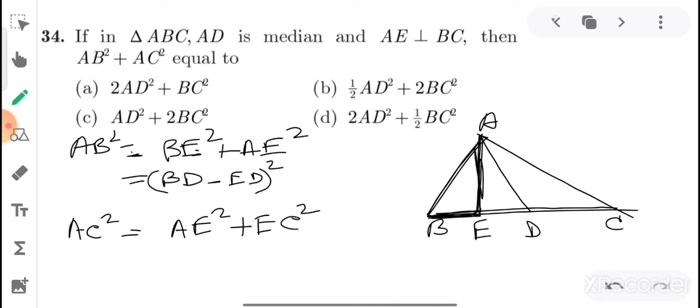BE will be BD minus ED, whole square, and AE is perpendicular in triangle AED, so AE square will be AD square minus ED square.